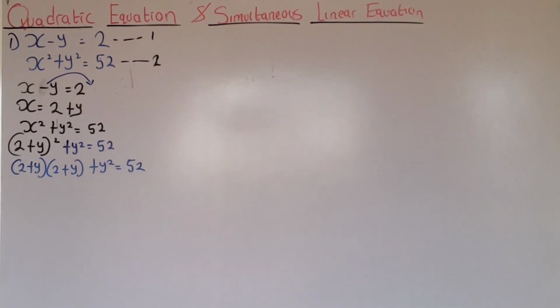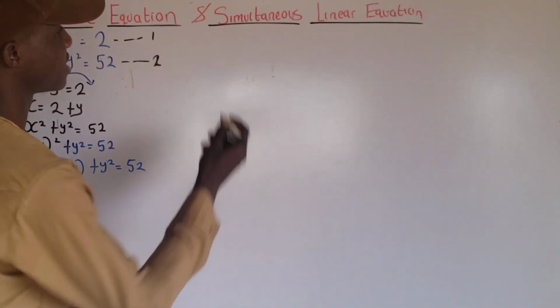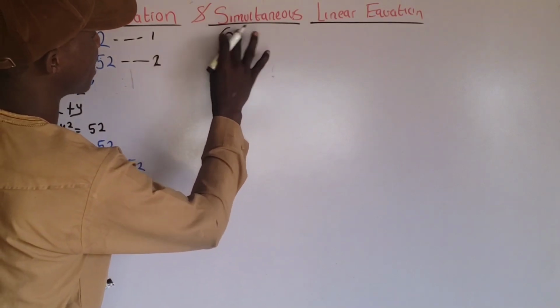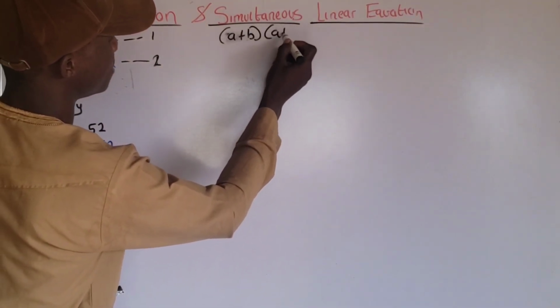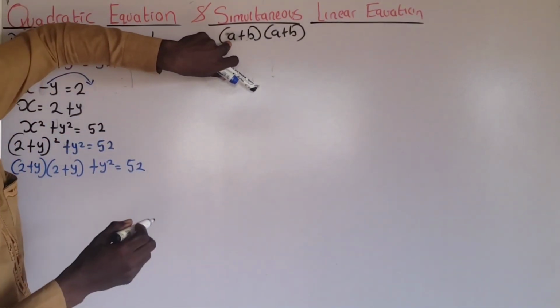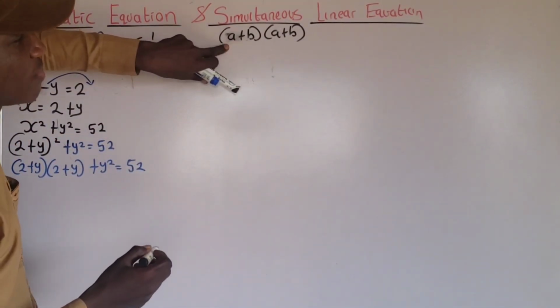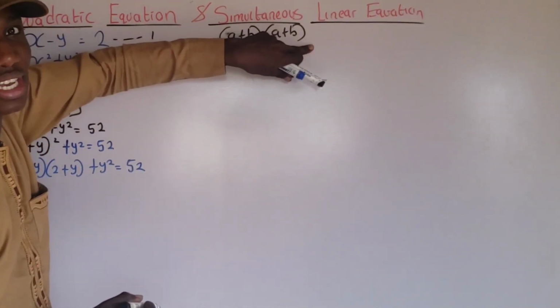I'm very sure you were part of our previous class when we dealt with algebraic expansion. There, I showed you that if you are asked to expand a plus b times a plus b, we take the first term in the first bracket and use it to multiply all the elements in the second bracket.